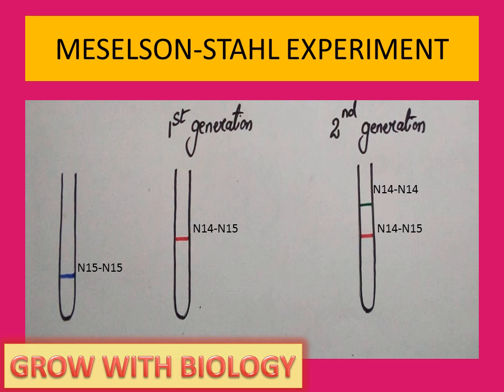So in the parental generation, he found the heaviest band. In the first generation, it was somewhat intermediate, lighter, and in the second generation, he obtained two bands, one similar to the first generation, and another lighter band.